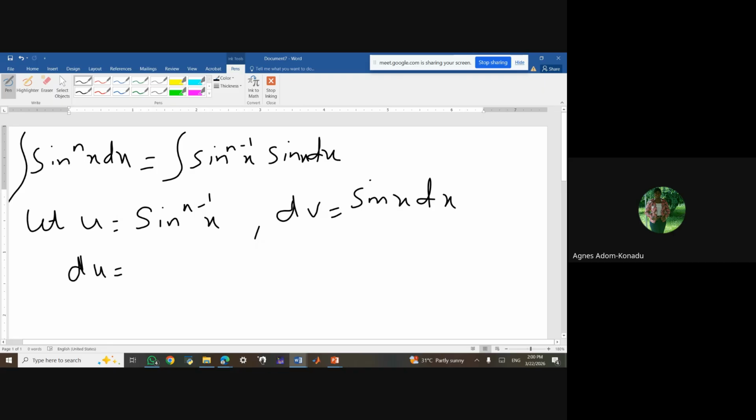When I differentiate u with respect to x, what do I get? You take n minus 1 sine n minus 1 times exponent n minus 2, where you subtract another one. So sine n minus 2 dx, right?